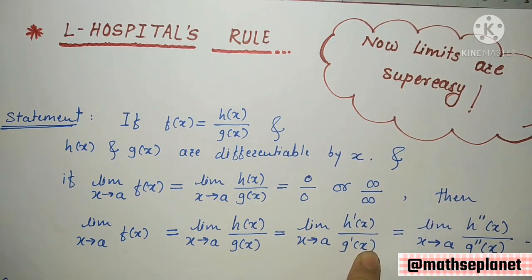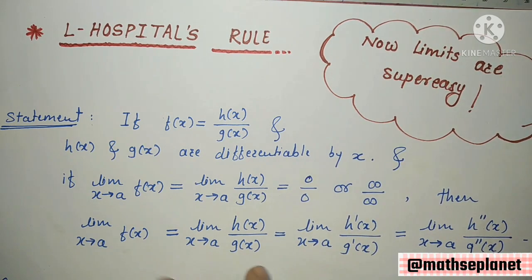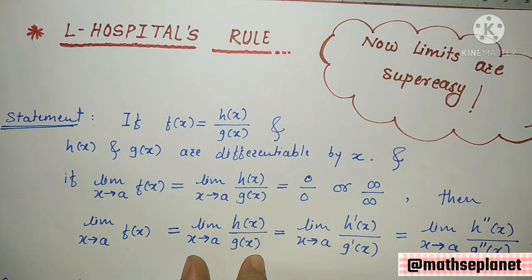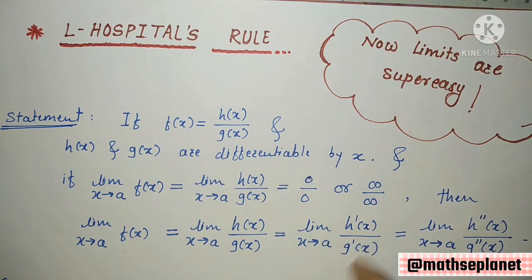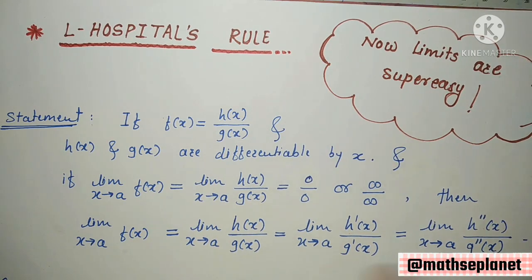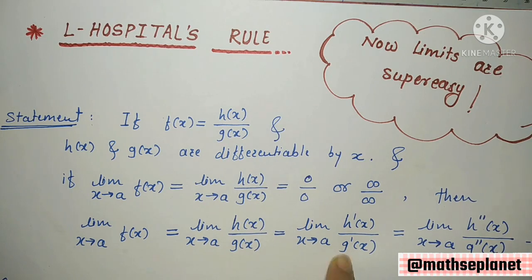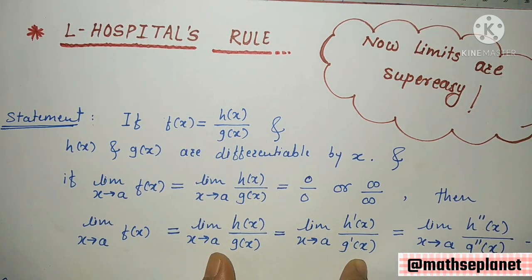That's why the statement says the limit of this function is always equal to the limit of this function: if we take the differentiation of numerator and denominator separately and then take the limit, the limit of the initial function remains the same.